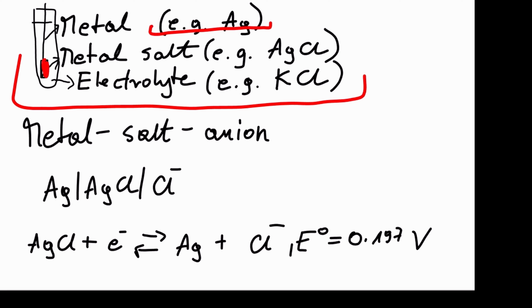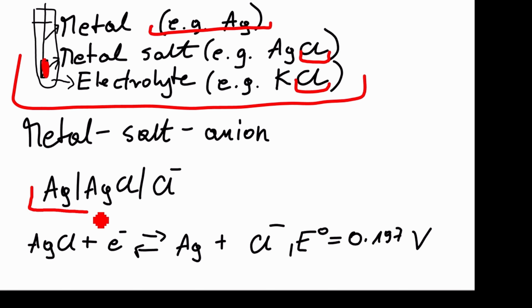This metal with its covering salt should be immersed in the electrolyte solution. This electrolyte solution salt needs to contain in its structure an ion of the salt which covers this metal. So for example, it could be potassium chloride, sodium chloride, and so on.